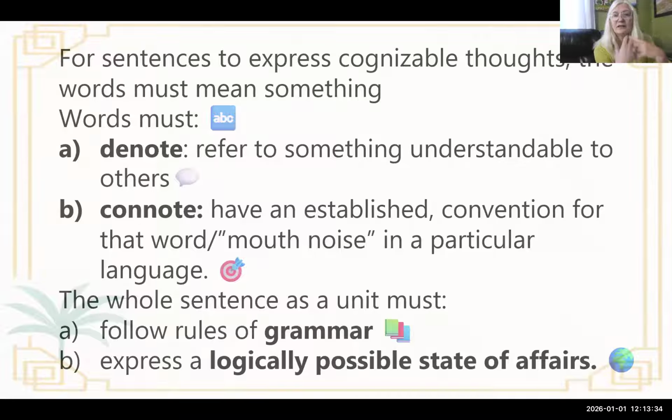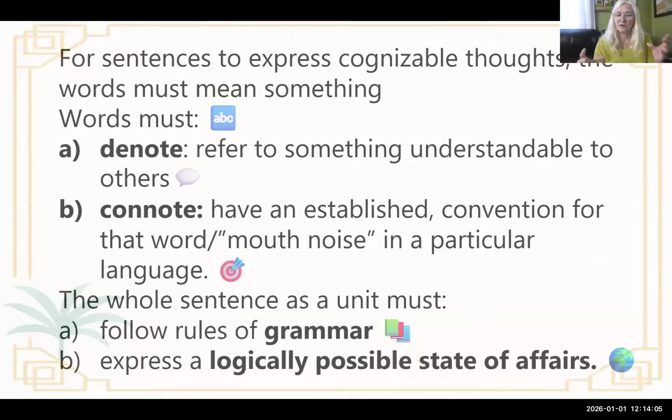So denotation, something has to refer to something understandable. Connotation, it has to have an established convention for that word or mouth sound. So in English, if I use the word blue, that has an established meaning to it. That's the connotation. And it denotes or picks out instances of blue in the natural environment. That's denotation. So it has what we call both sense and reference.